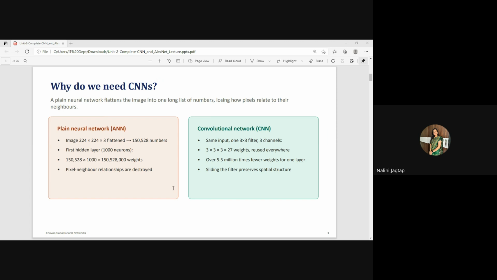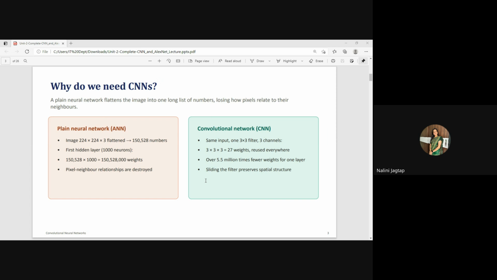So now let's go deeper on why this actually hurts. Till now we are saying that a huge input size is getting generated and every input is going to get connected with all the neurons. But what is the problem? Just by looking at the raw parameter count, we will not understand what actually hurts.